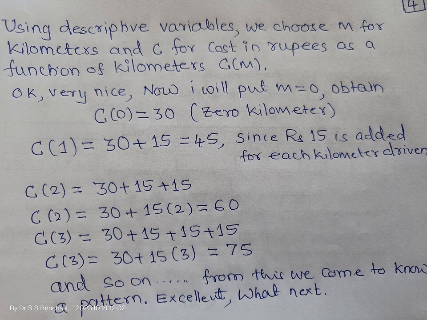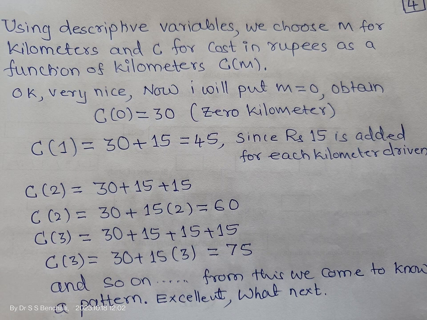In exactly the similar way, now I am going to replace m by 2. I obtain c of 2 is equal to 30 plus 15 plus 15. It means I am going to add 15 how many times? 2 times. That's why I can write c of 2 is equal to 30 plus 15 into 2, totally 60 rupees.